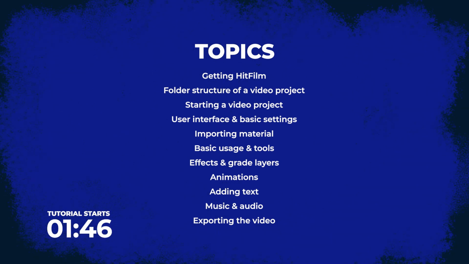After that, we'll import some media into HitFilm and go through the basics of editing and how to use the main tools. We'll also dive into the effects, animations, and something called grade layers for adjustments. Then we'll talk a bit about music and audio, and finally I'll explain how to export your finished video.